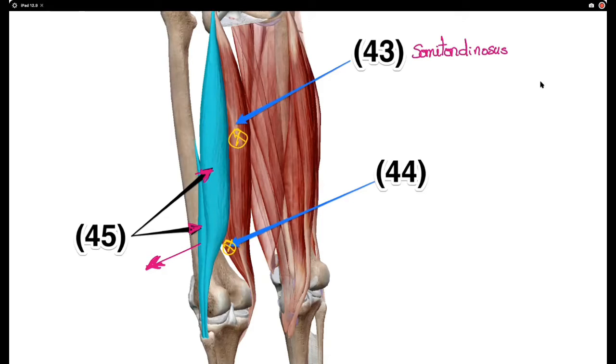And located deeper to it, we're going to see a muscle here that is flattened, like a membrane. So what would we call this muscle, number 44? It's a flattened muscle that looks like a membrane.